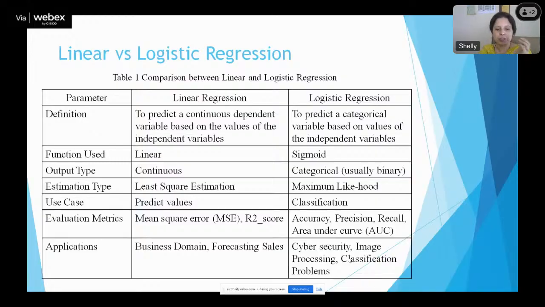So based upon the application scenario, we usually say that we want to forecast sales, and we want to say, okay, if I spend this much amount on my advertisement, this is how much increase in sales I'm expecting in the next 6 months. Depending upon that, if I'm running a business, I'll spend that much on advertising.